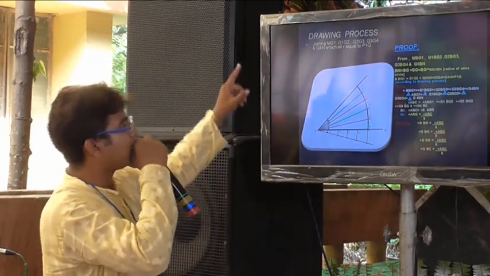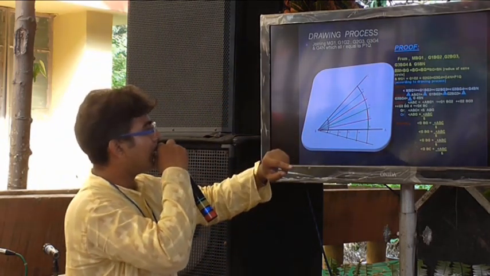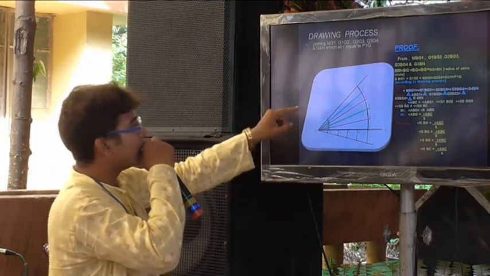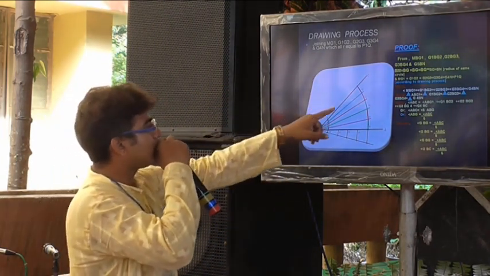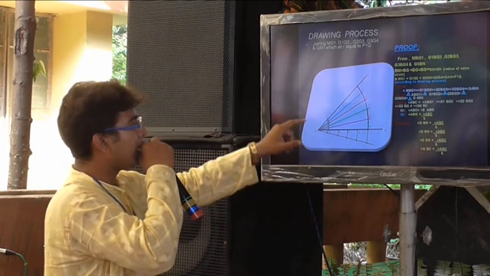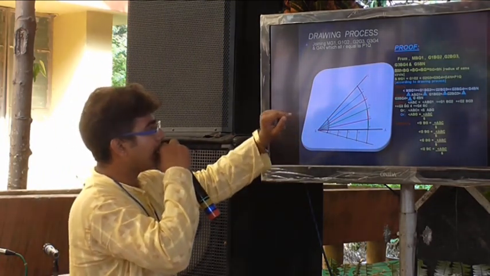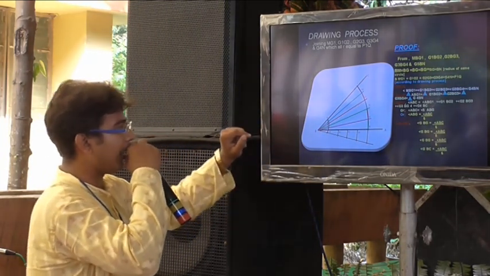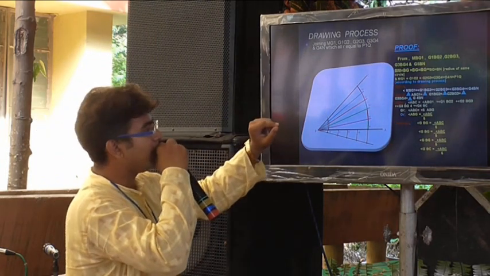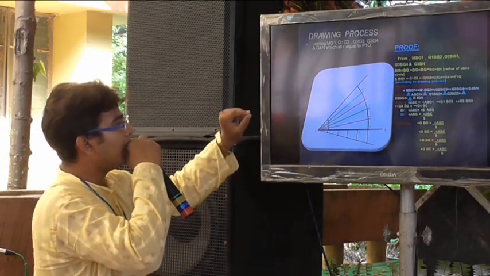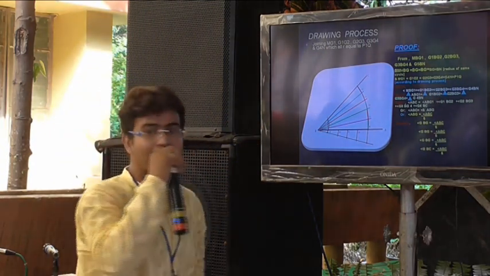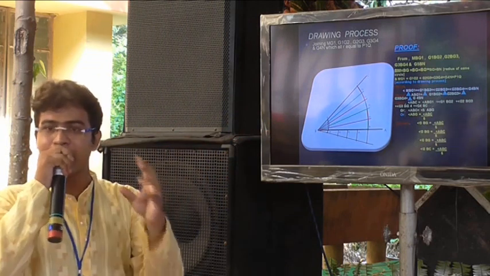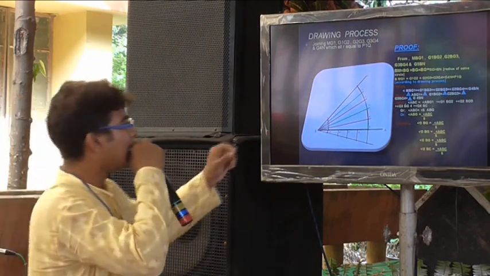We get this from the drawing process, and we can say that the triangles MBG1, G1BG2, G2BG3, G3BG4, and G4BN are congruent, because they have the same sides.